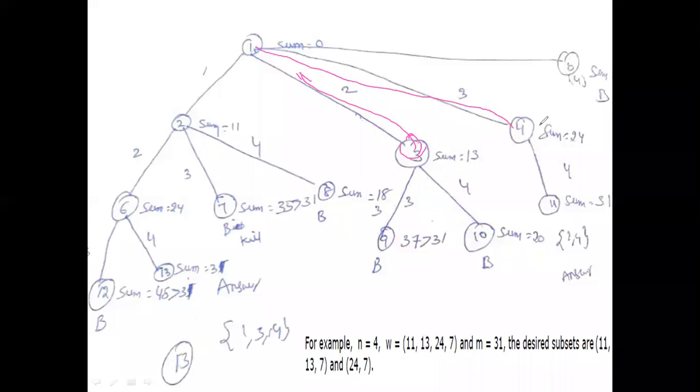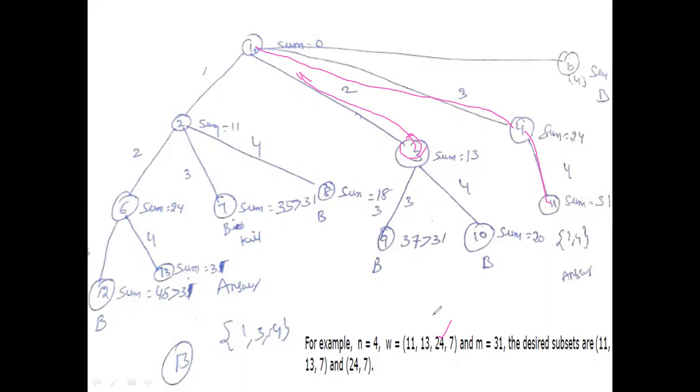The fourth node represents only a single element, the third element, with sum equal to 24. Next, the fourth node generates children. The fourth node has only one child, the 11th node. The 11th node means 3 comma 4.